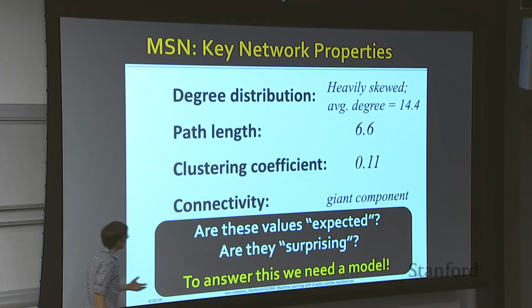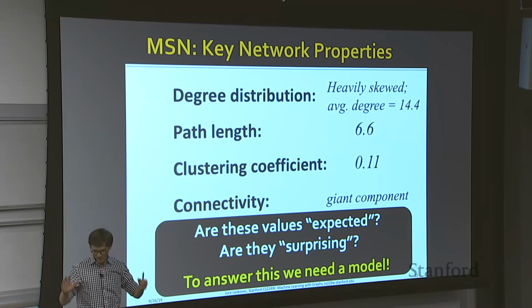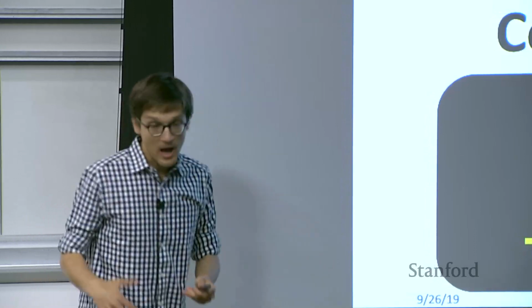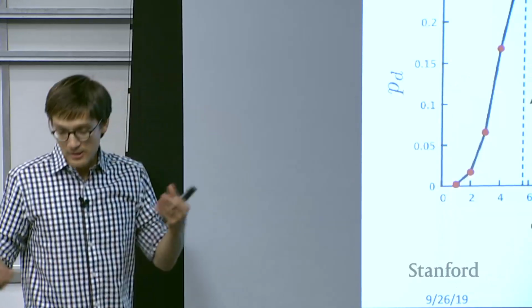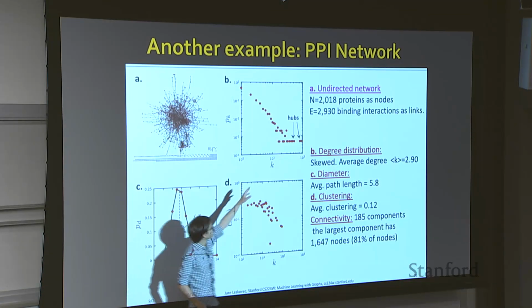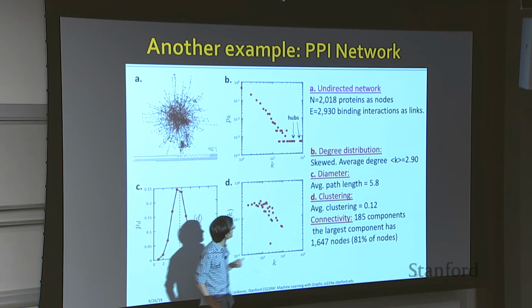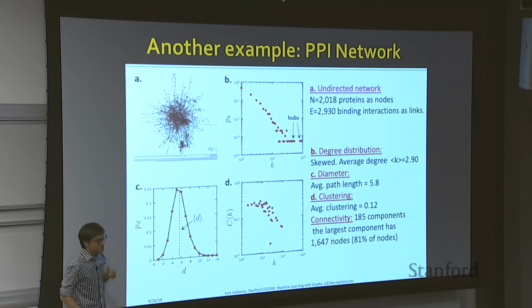This was a communication network of the entire world for 1 month. Let me show you that in a very different domain, in biology, if you take a protein-protein interaction network with 2,000 nodes and about 3,000 connections, you see similar things.